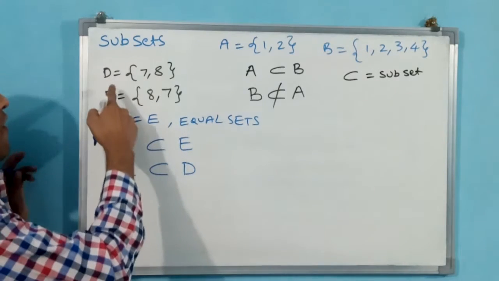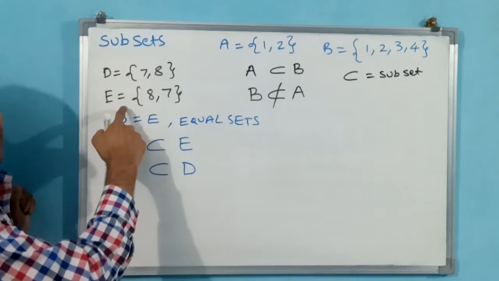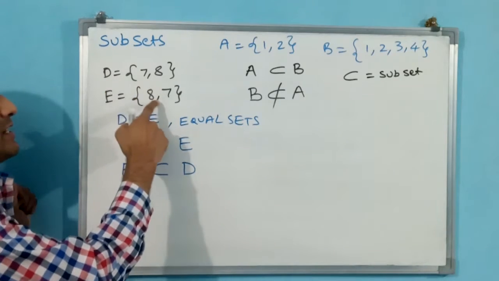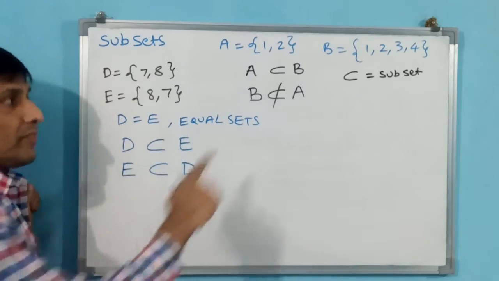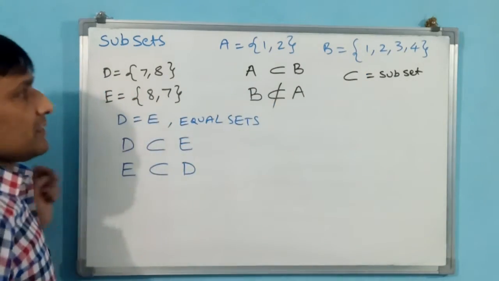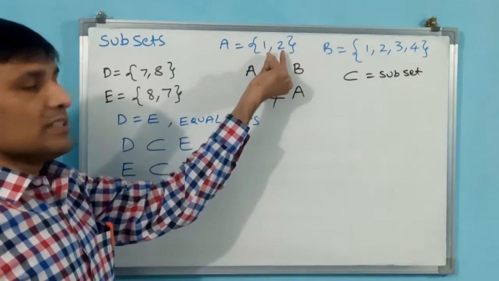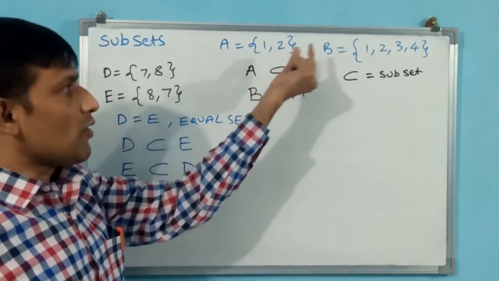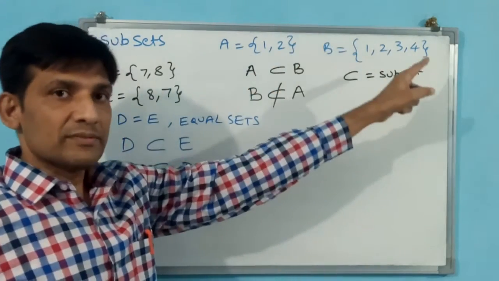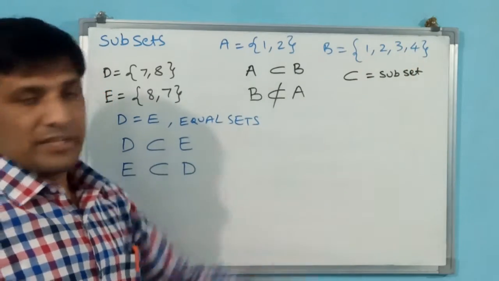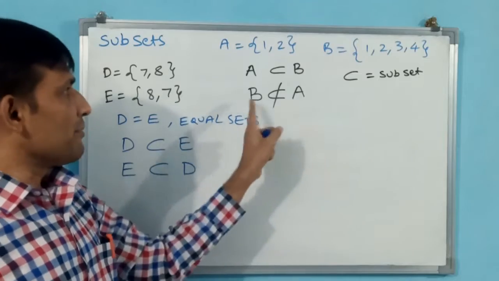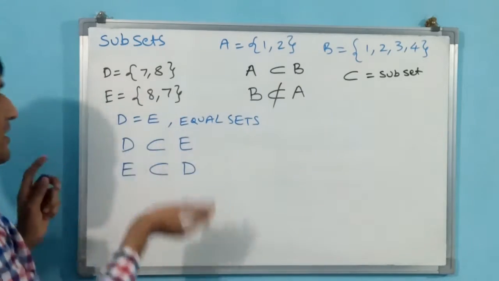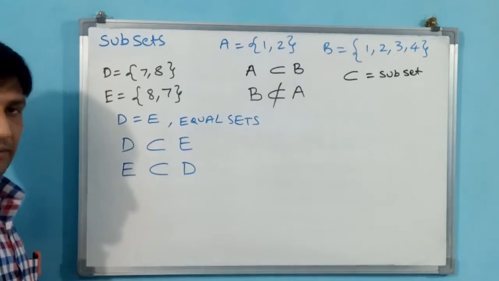D has elements which are available in E, that is why it is a subset. If you come here, the elements available in A are also available in B, but more are available in set B. That is why A has become a subset of B, but B is not a subset of A. But here both are subsets.